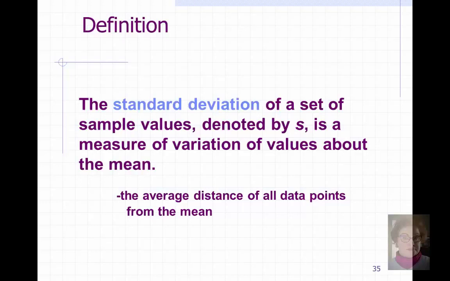On average, the points are this value from the mean. If the standard deviation is small, we know that the data are clustered close to the mean. If the standard deviation is relatively large, then we know the data are quite spread out.